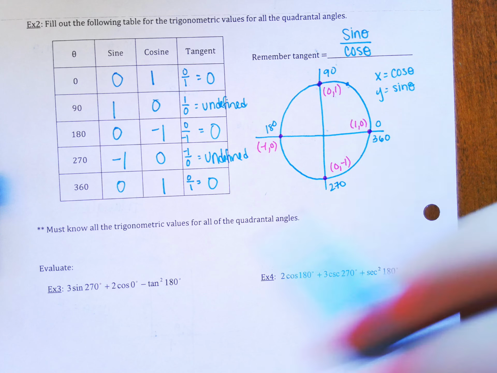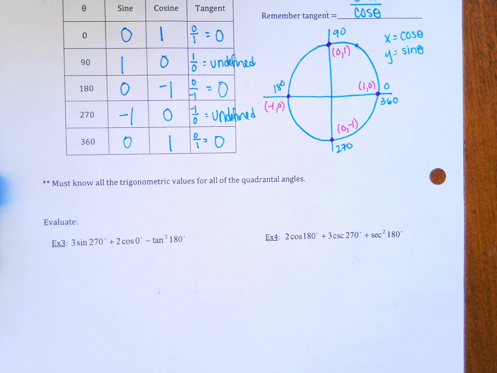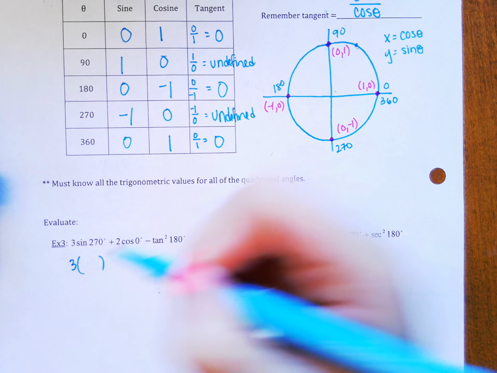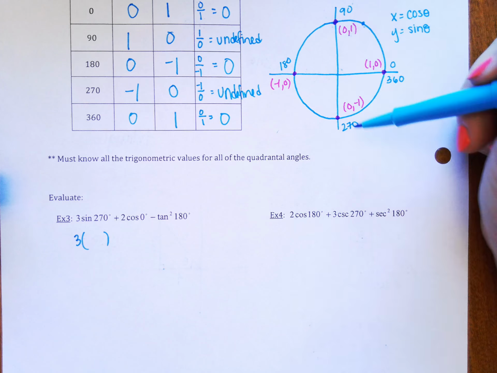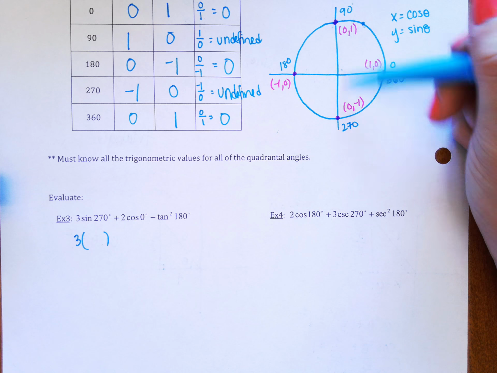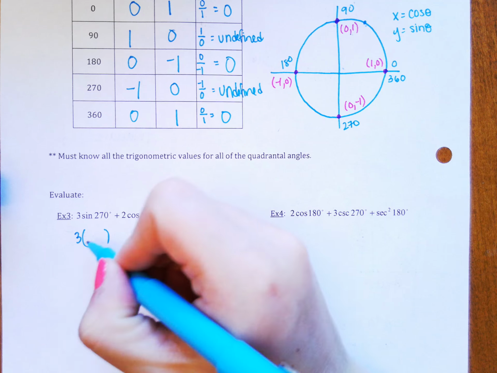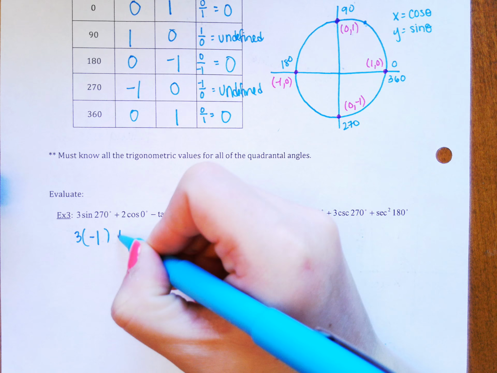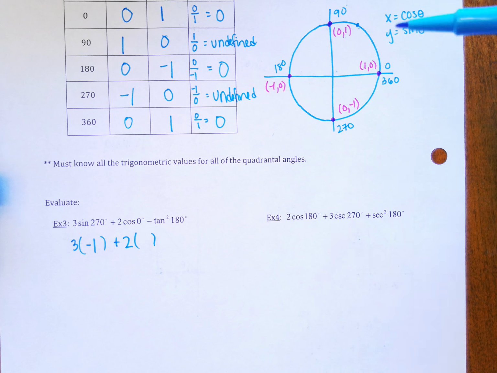So what we're going to do for the next couple minutes is look at these evaluations at these specific angles. We're going to use our unit circle and our quadrantal angles to get there. So at 270 degrees, we have 3 times the sine of 270. At 270, we're here, at 0, -1. Sine is -1 since it's the y value. So we're looking at 3 times -1. For cosine of 0, we have 2 times cosine of 0.